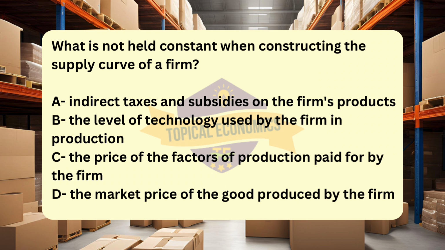Technology is assumed to remain constant when drawing a supply curve, as changes in technology would also shift the supply curve. Lastly, option C. The price of the factors of production paid for by the firm is also assumed to be constant when constructing the supply curve. If factor prices, e.g., wages, raw materials, change, it would affect the cost of production and shift the supply curve.